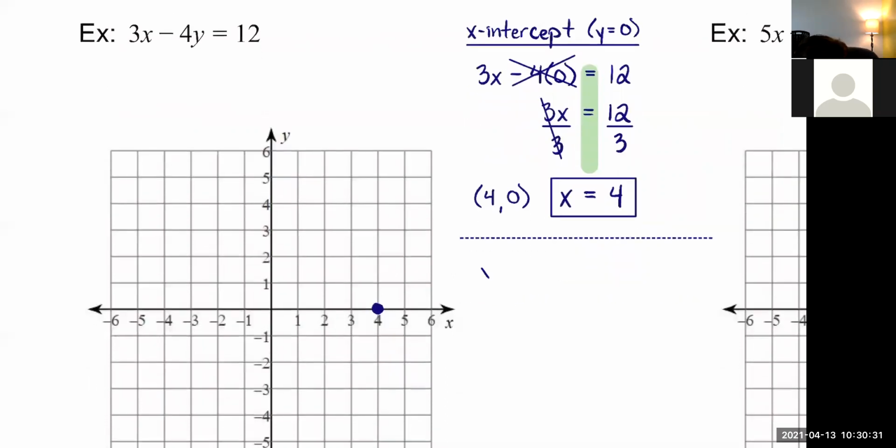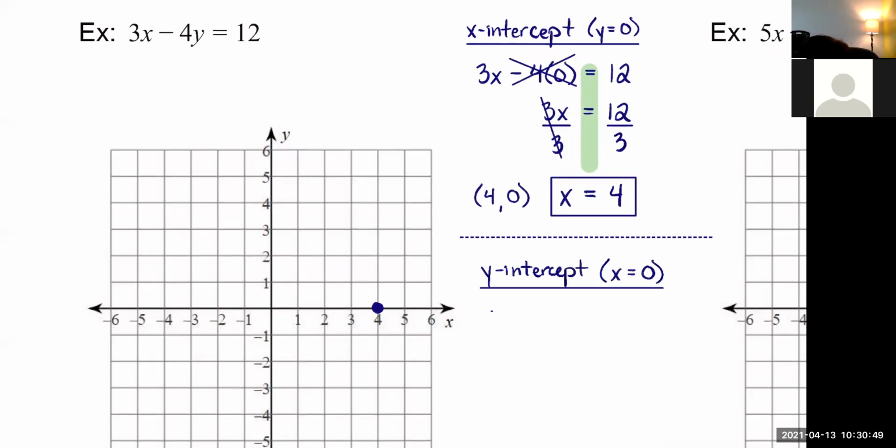Y-intercept, very similar process. Except what's different? The x equals 0 instead of the y. So same equation, except this time when I get to the x, that's where the 0 is going to go. So I have 3 times 0 minus 4y equals 12.